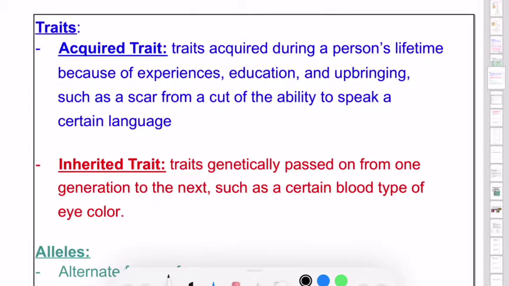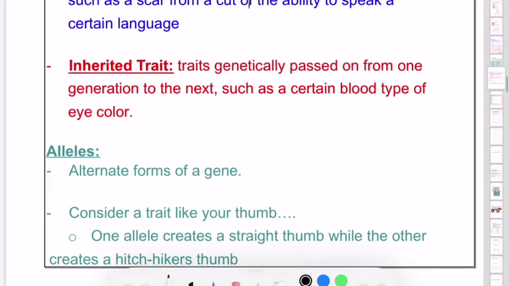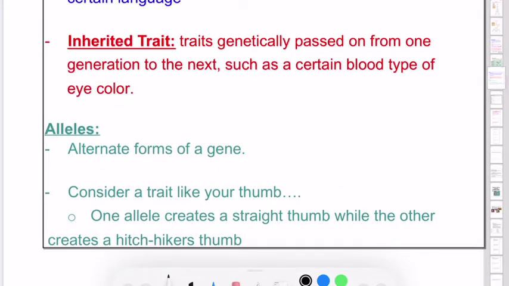Inherited traits are traits that are genetically passed on from one generation to the next, such as a certain blood type or eye color. So it's something that you can't change over your lifetime, it's what you're born with.